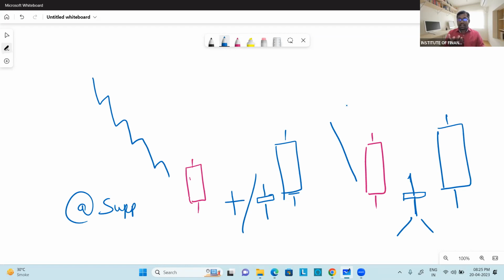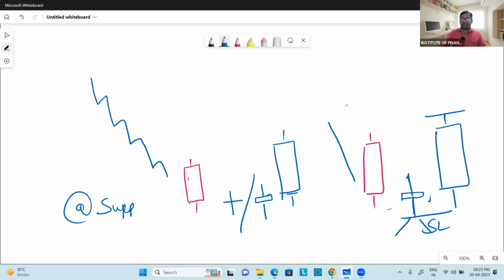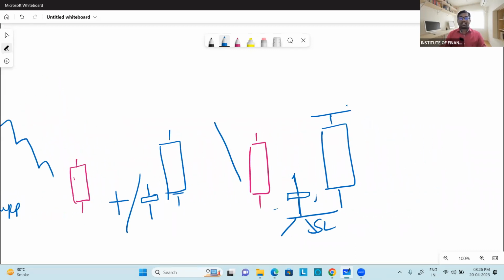It looks like a cap. तो बाद में ये यू टर्न लेके ऊपर चले जाता है. इसके ऊपर एंट्री होगा, स्टॉप लॉस होगा इसके नीचे. Okay, it is one of the strongest patterns in the reversal.